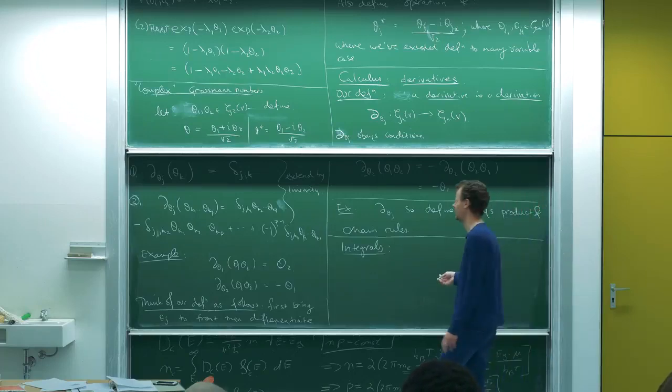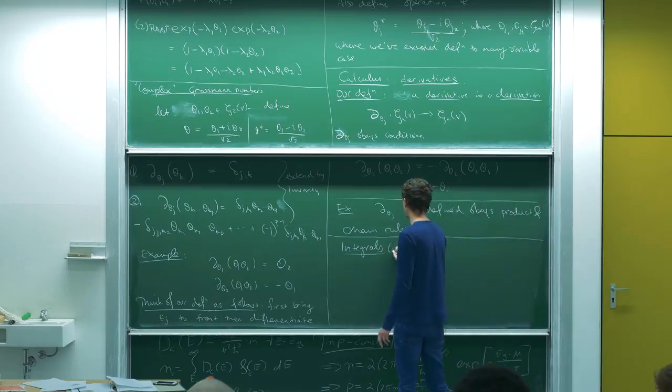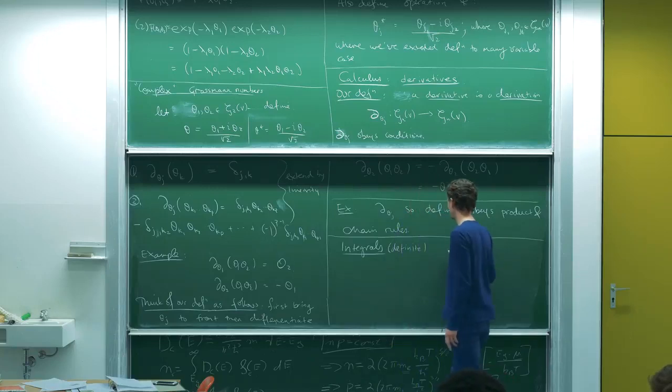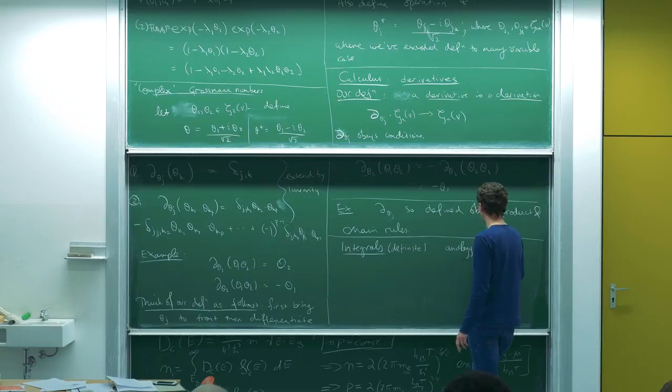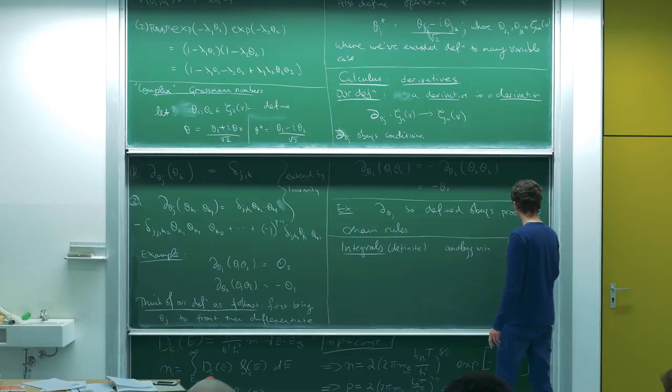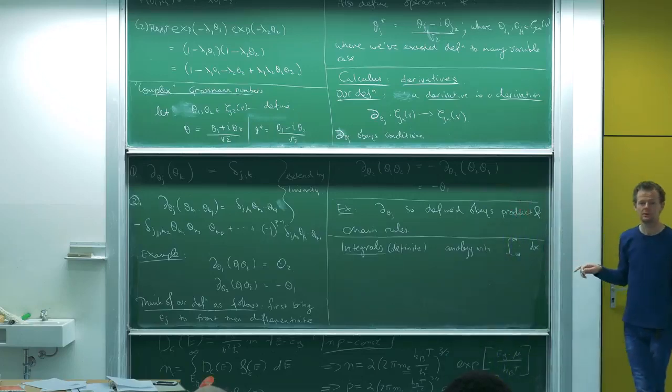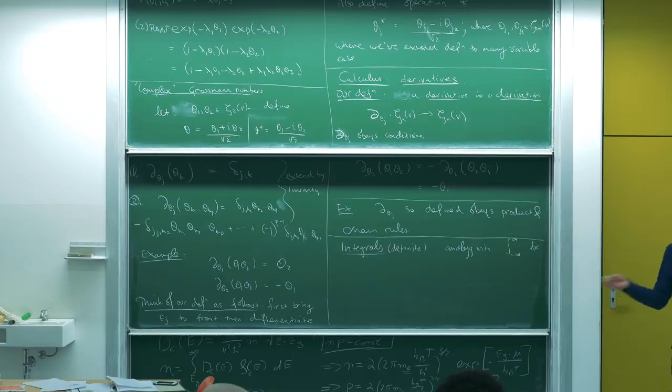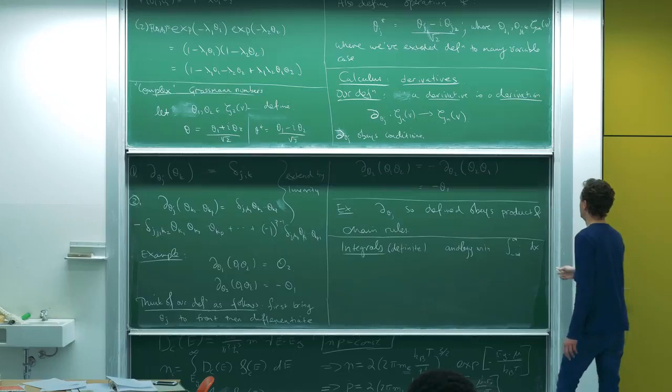So these are definite integrals. So if you think of the integral operation on a function, what does it do? It eats a function and gives you a number, the definite integral, from minus infinity to infinity.